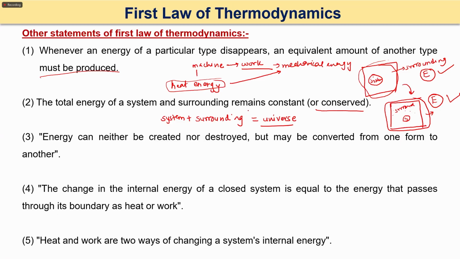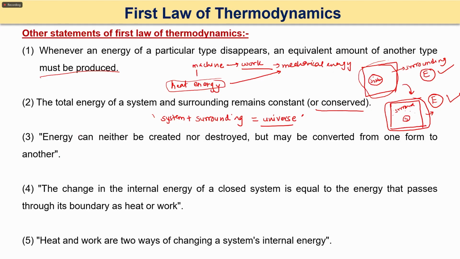This is a very important statement: the total energy of the system and its surrounding, if we add them, we call it the universe. Then the energy of the universe will remain constant.